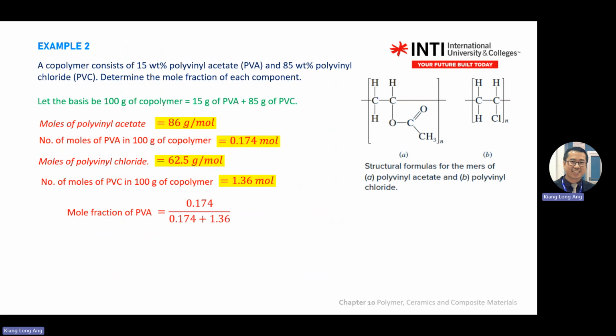So you take the mole fraction first, meaning total mole is this one plus this one, 0.17 plus 1.36. You take how many mole of PVA? You have 0.113. And mole of PVC is 88.7.